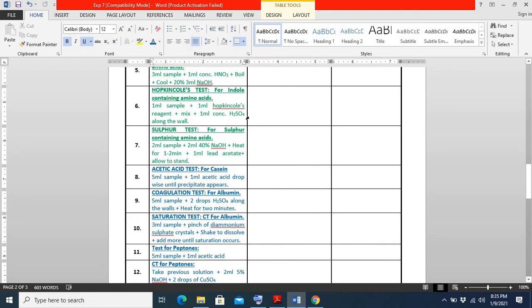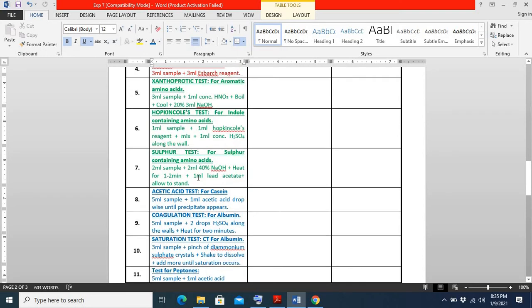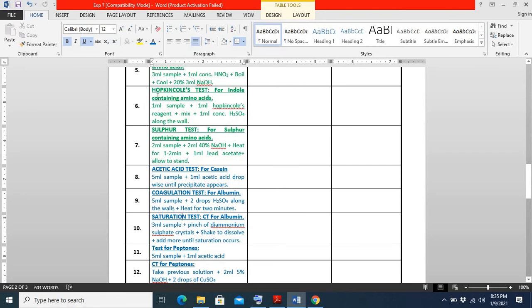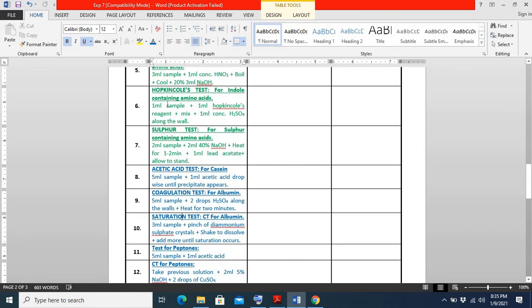Now, to find out what type of amino acid is present in the sample, we can perform the xanthoproteic test. It will indicate the presence of aromatic amino acid. If we perform this test and it is negative, then we will perform the Hopkins-Cole test. If this test is positive, it means there is an indole amino acid in the sample.